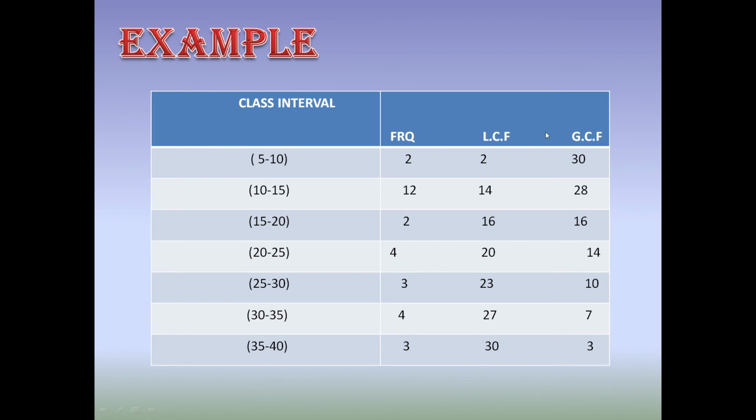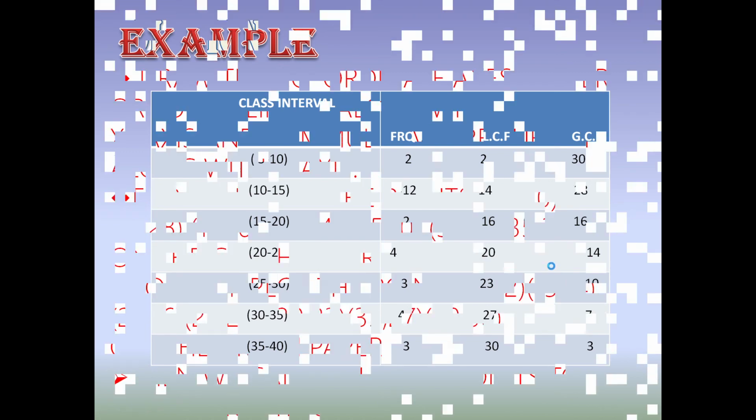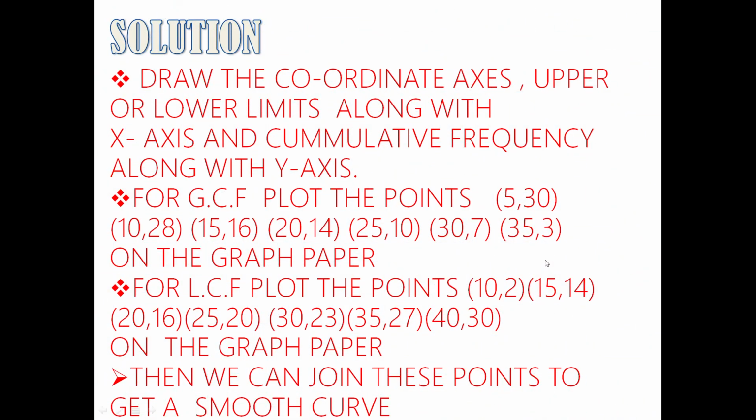Now we are going to take the next slide, which is the solution. What points do we have here? Draw the coordinate axes, with upper or lower limits along the x-axis and cumulative frequencies along the y-axis. This we have to write in the exam. For greater than cumulative frequency, plot the points.